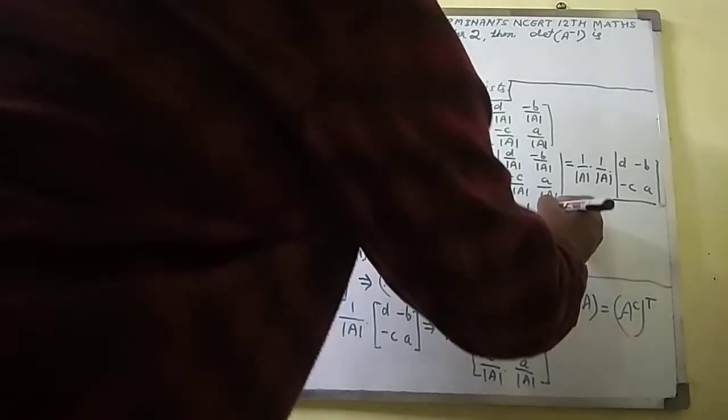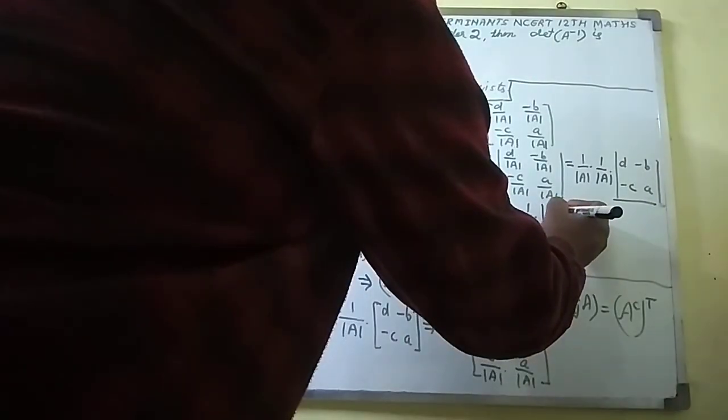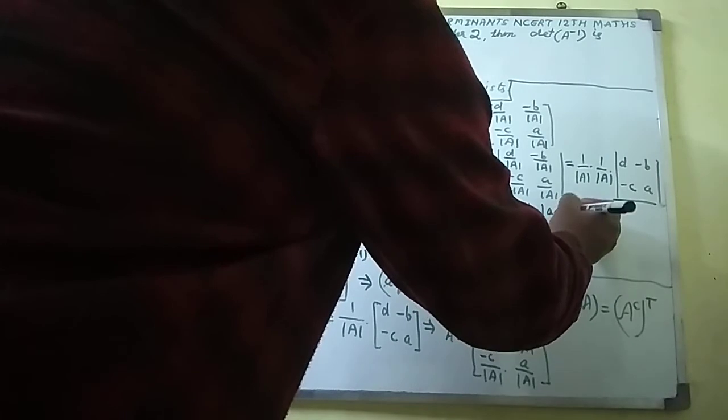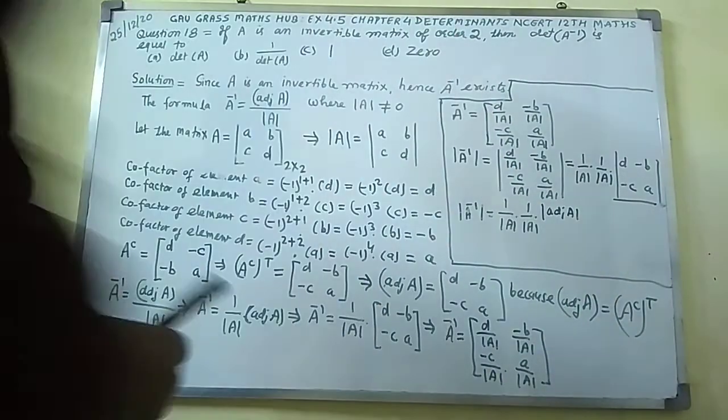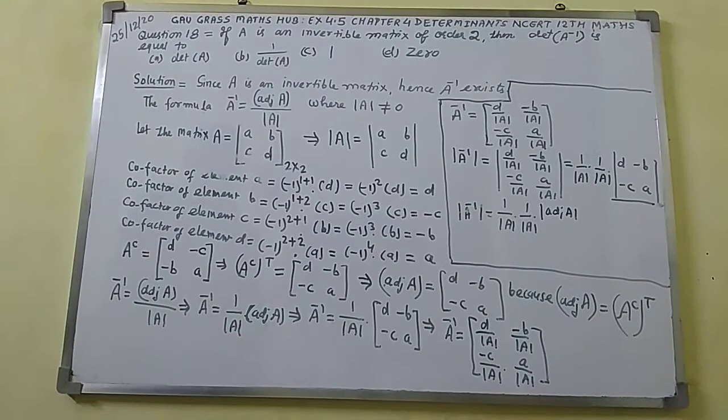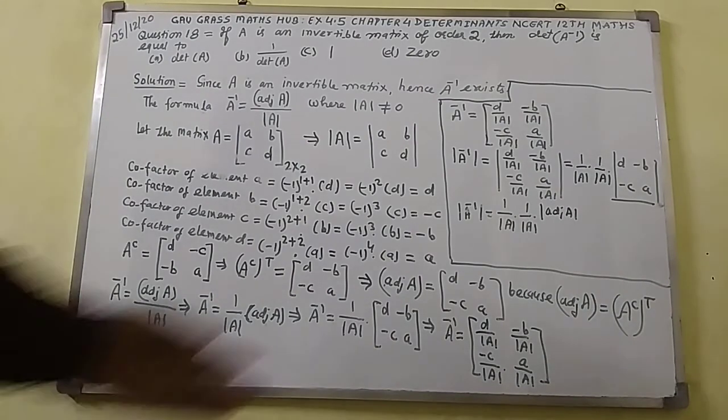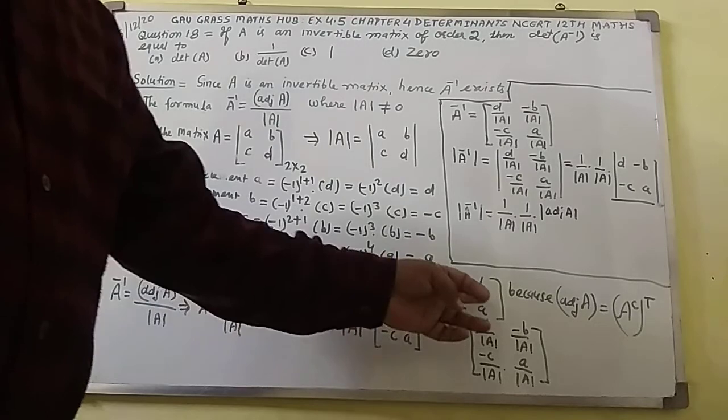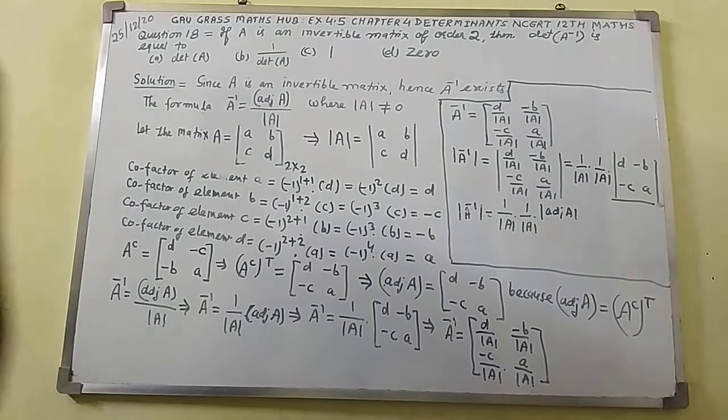So here you have got adjoint of A, and this has become the determinant of adjoint A. Determinant of adjoint A, this thing you have got: d, minus b, minus c, a.